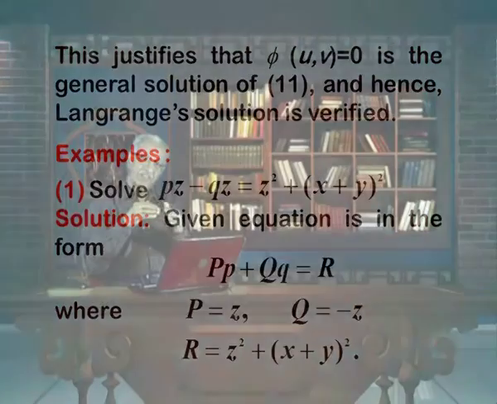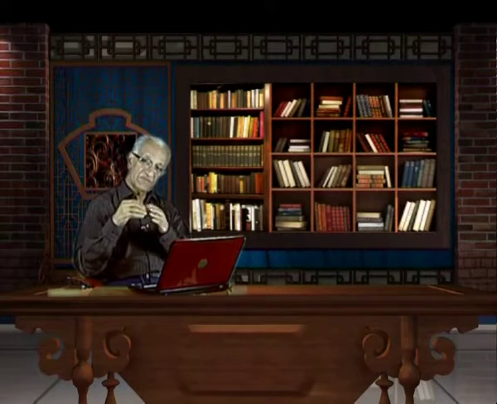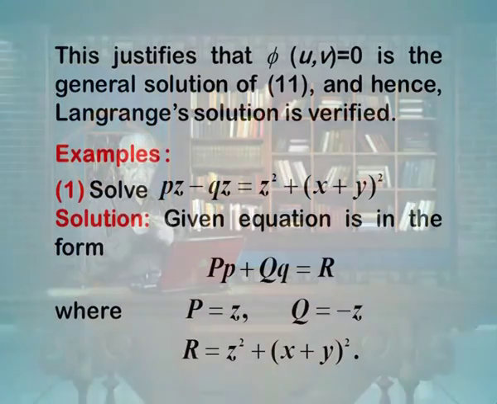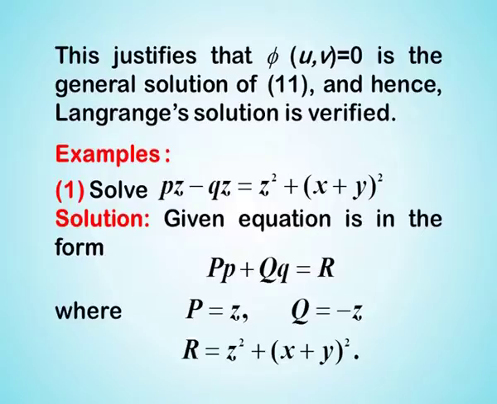We compare this with the previous lecture, and we write that here capital P is equal to z, capital Q is equal to minus z. Look into the equation which is given, and r, the right hand side, is z square plus (x plus y) whole square. Everything is classified.